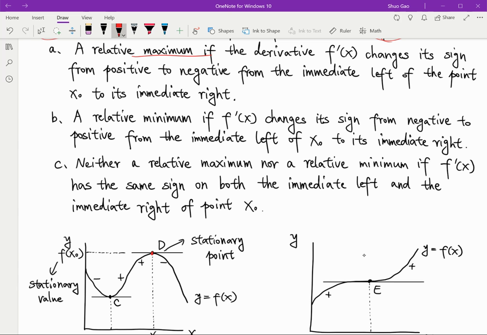So it's like the peak of a mountain here. So D is a relative maximum. We can see from this graph that the nearby points are smaller than D, for example in this interval. We don't look at the point C here. We just look at the nearby points.